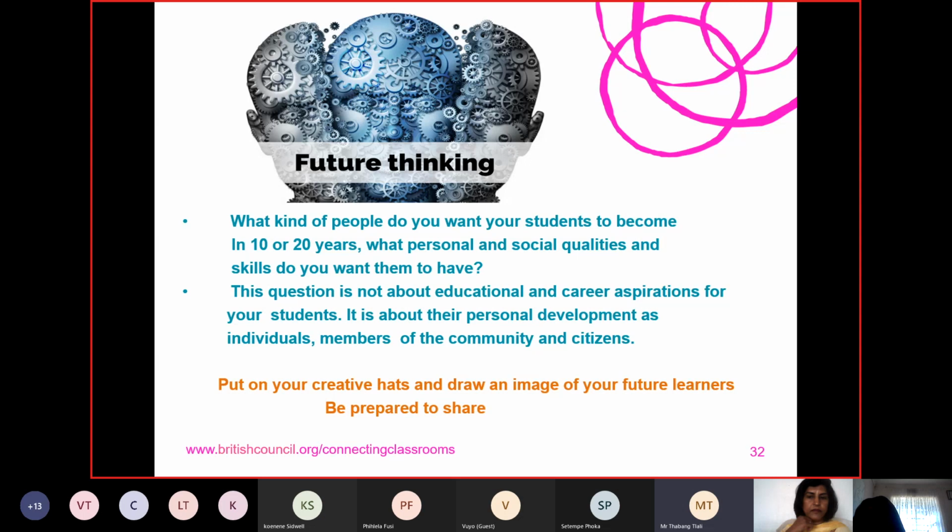Okay, I can say that the learner that I'm expecting in 10 to 20 years to come, they are the learners that have love for their country, that have the emotional intelligence, since we have the problems of our daily lives, that should be in the position to handle every situation, that have the spirit of helping each other.